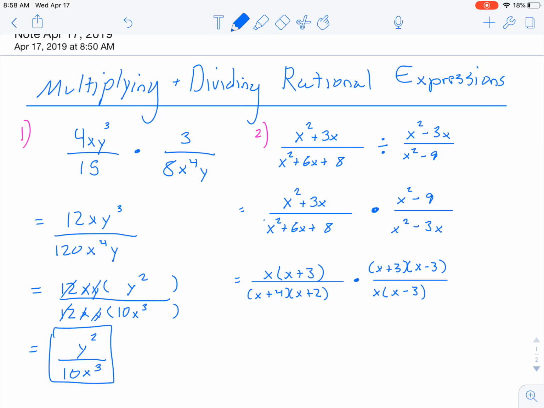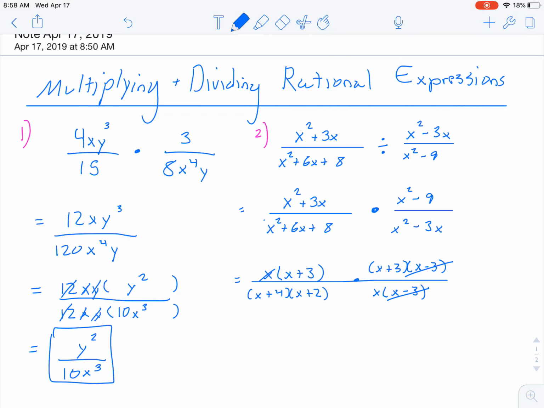Now, when we multiply, we just go straight across. So really, it's like we can connect these two fraction bars. Now, if there's a common factor in the numerator and denominator, we can just cancel them. So let's see. I've got x minus 3 here and x minus 3 there. Those cancel.